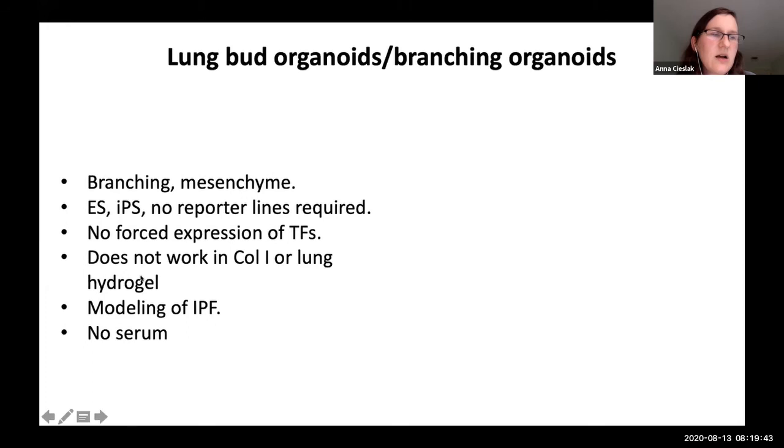This works only in Matrigel, not in other matrices. With this type of organoids, we can successfully model the disease, and we don't need any serum in our culture system. That is a very good sign for potential clinical applications.